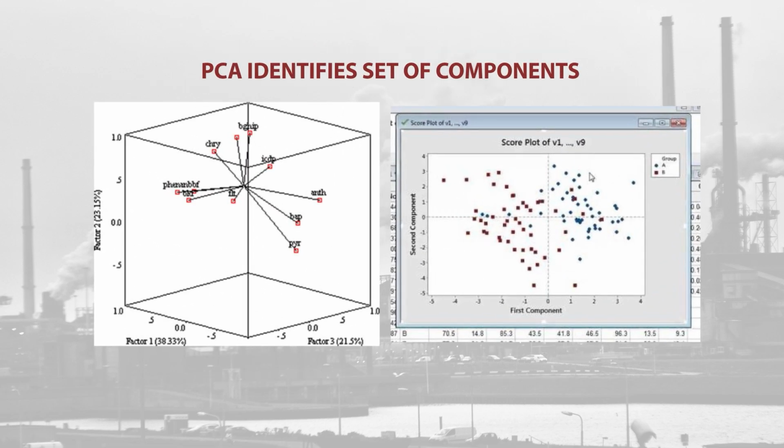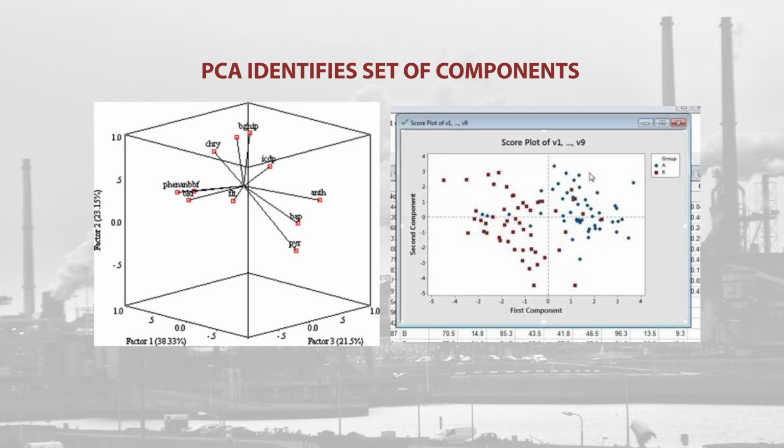For example, PCA identifies a set of components: factor 1 may be one group of components, factor 2 may be another group of components. Based on this separation, or identification, we can conclude that this set of combination is from diesel vehicles, this set is from LPG vehicles, or this set is from the kitchen.